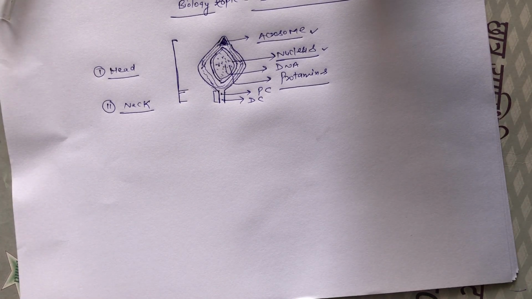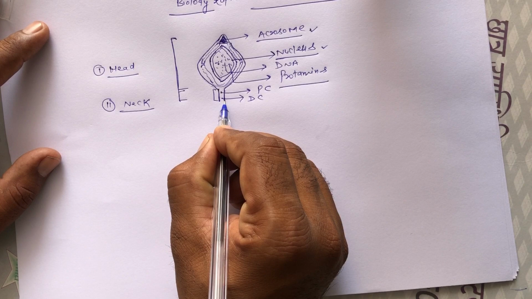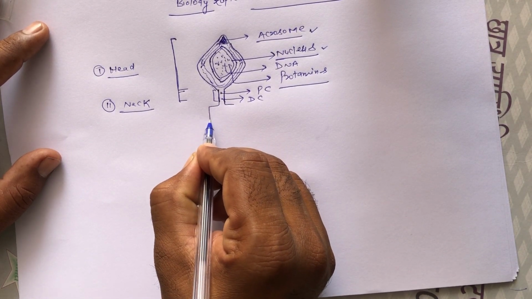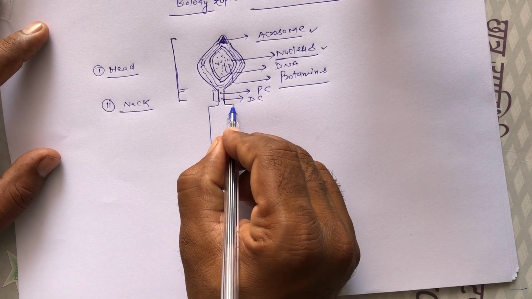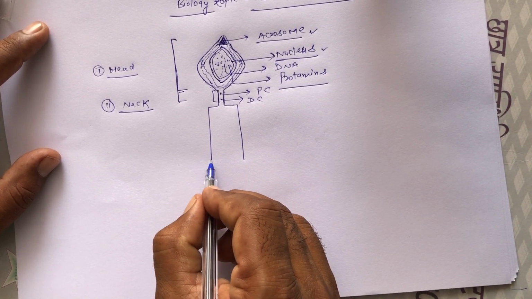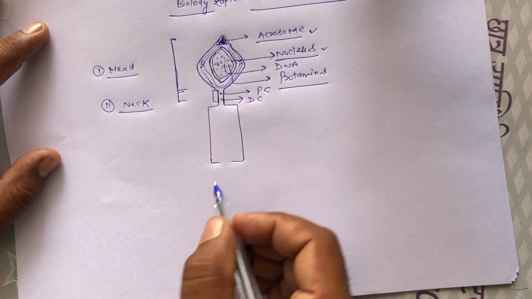First is the proximal centriole, second is the distal centriole. The location of the neck is between the head and middle piece.